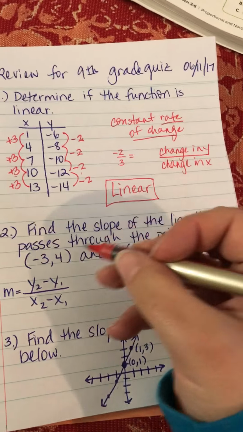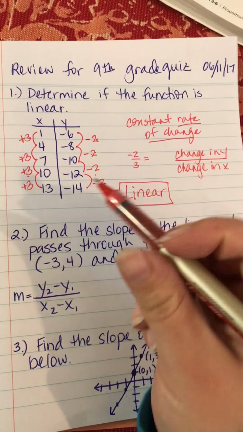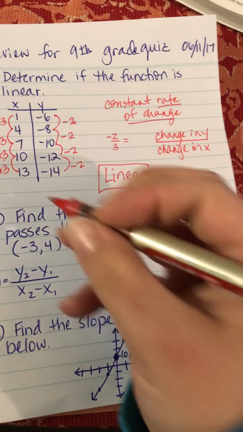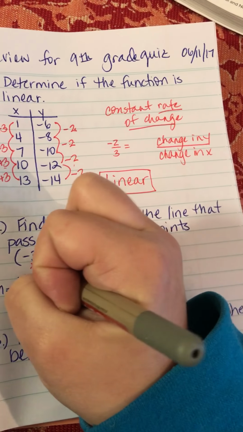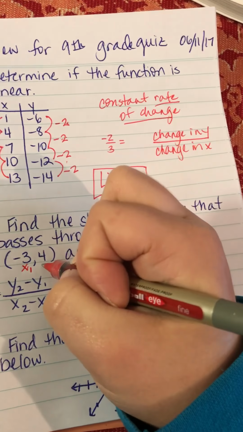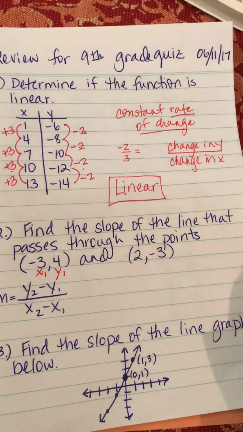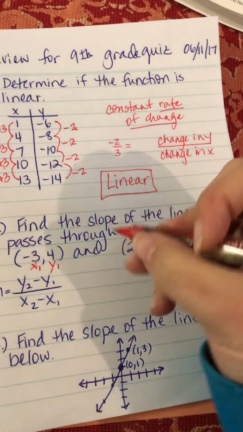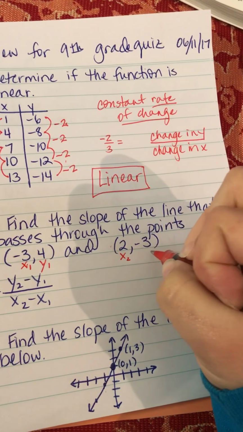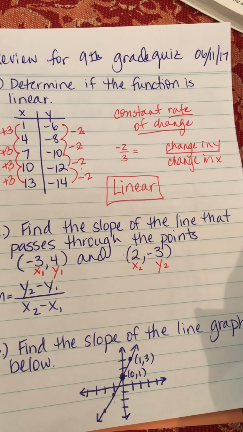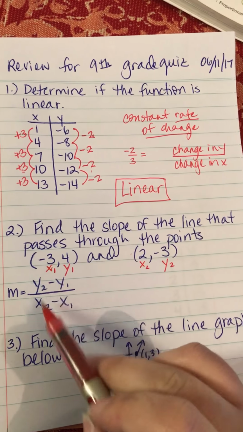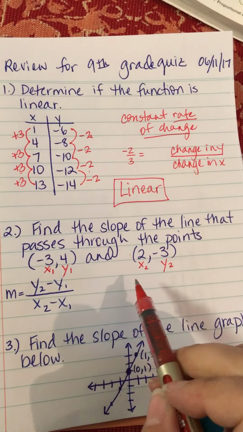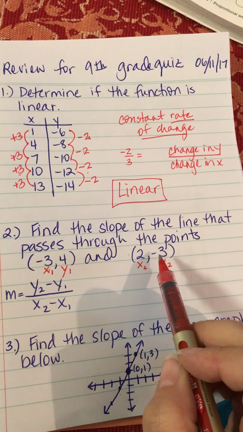Okay, so if I have two ordered pairs here, my first ordered pair is -3, 4. So this would be my x value in the first point and my y value in the first point. This one would be my x value in the second point and my y value in the second point. So when I put them in the formula, I want y2, and it looks like y2 is equal to -3.